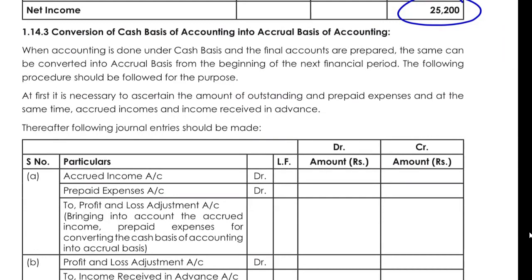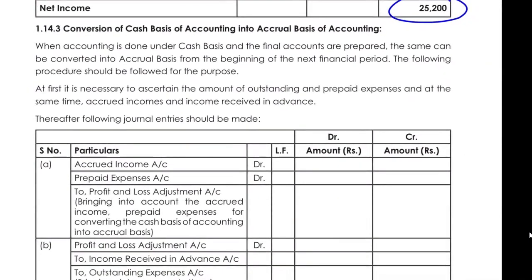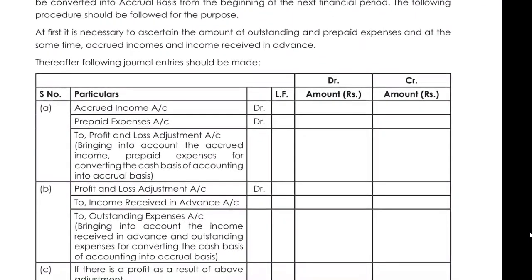Now, coming back to your module where it says the conversion of cash basis of accounting into accrual basis. Whenever we have to convert the cash basis into accrual basis, we will need some accounts, which are the accrued income account or the prepaid expenses account, because obviously there are some expenses which we also pay in advance.